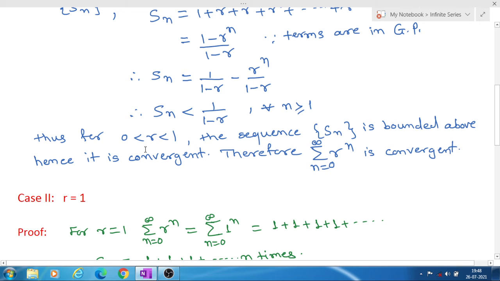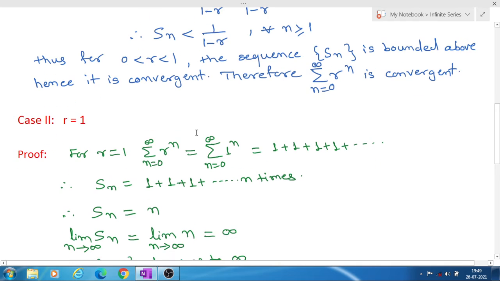Therefore when r is between 0 and 1, this sequence is bounded above. Sn is less than some quantity, which means the sequence Sn is bounded above. Therefore it is convergent, and since the sequence Sn is convergent, the series is also convergent. So we have proved that the series is convergent when r is between 0 and 1.